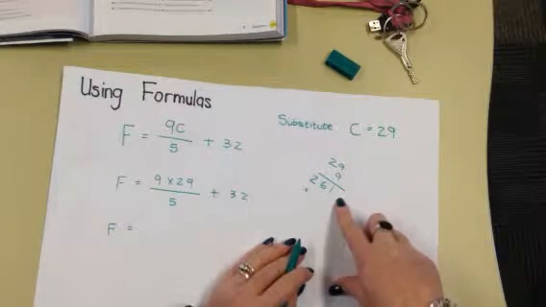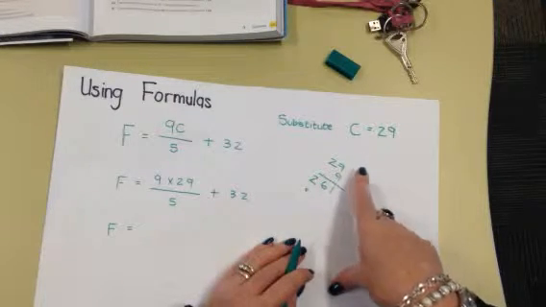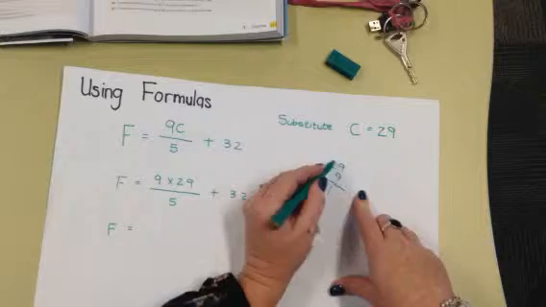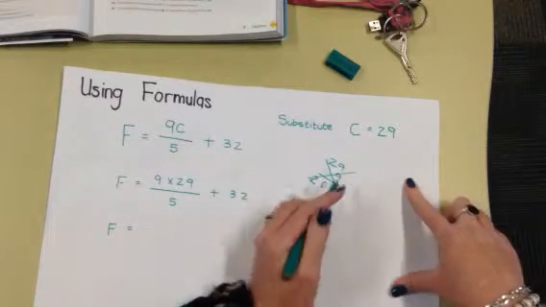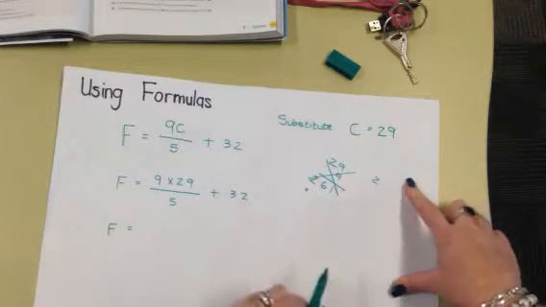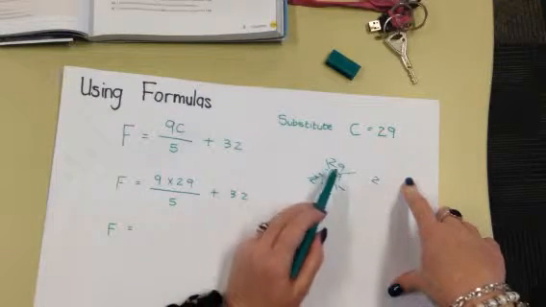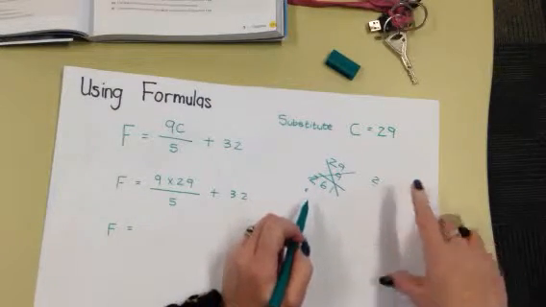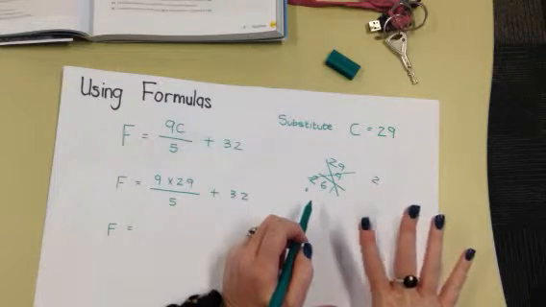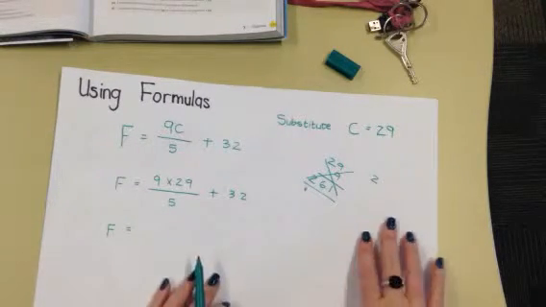Have I done that right? No, 9 times 9. Oh, no, I didn't do that right. I hope you picked up my mistake. Yeah, that is right. 9 times 9 is 81. 2 times 9 is 18. 19, 20, 21, 22, 23, 24, 25, 26. That is right. 261 is right.